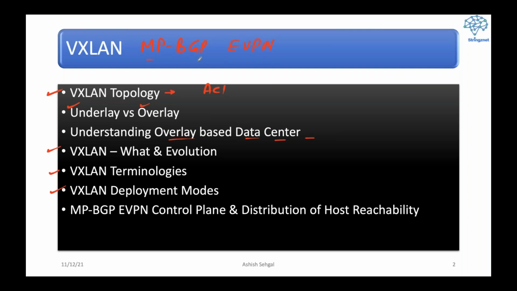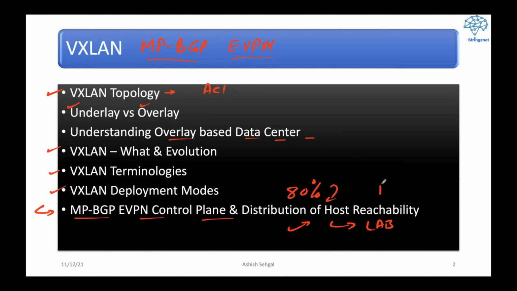EVPN. In case someone asks, do you know VXLAN? Then his question is, do you know the MPBGP EVPN mode of VXLAN? So understanding this is very important. And you know what? 80% of our focus will be on this particular deployment mode of VXLAN, and the lab which we will do will be based on the MPBGP EVPN mode of VXLAN.